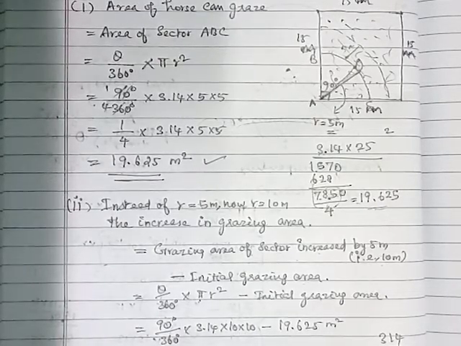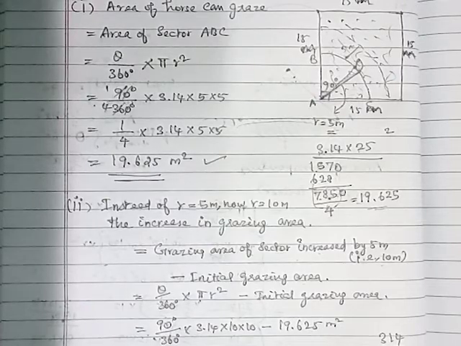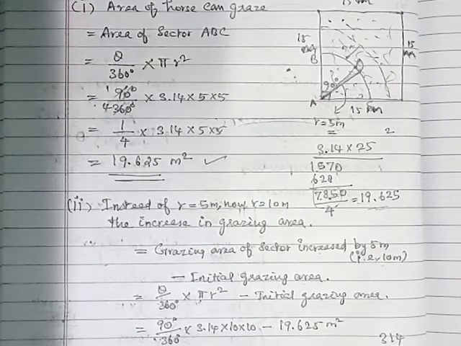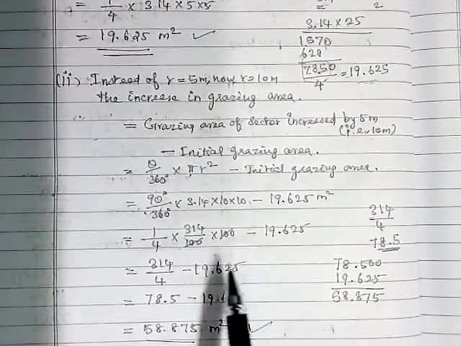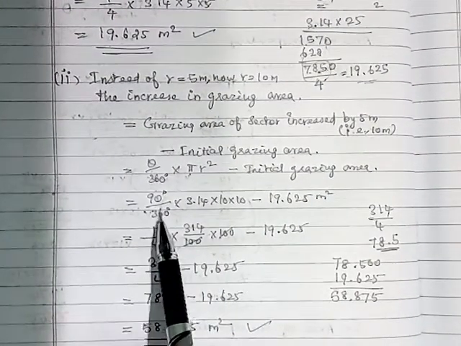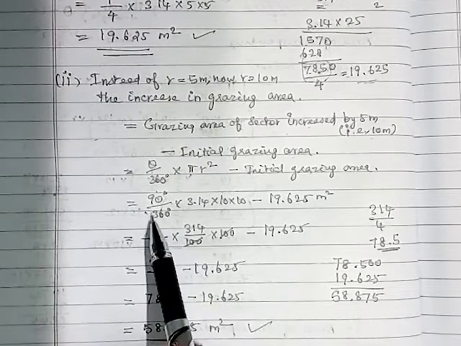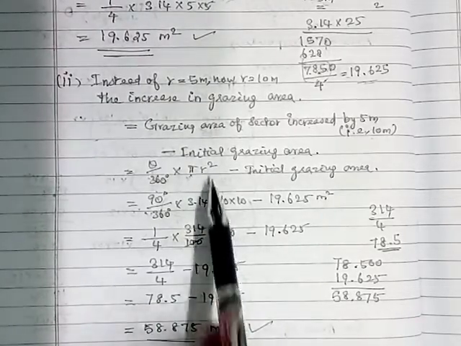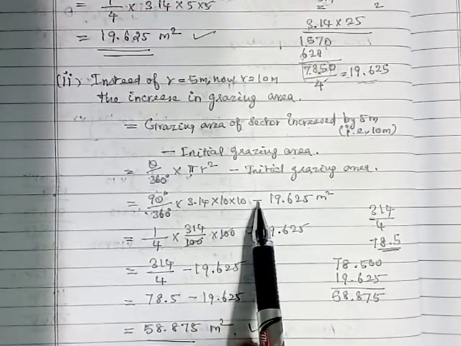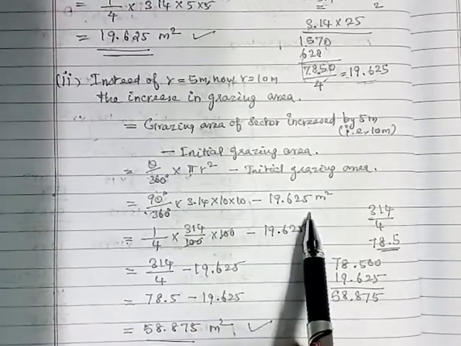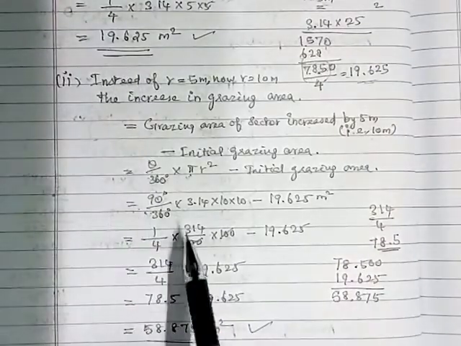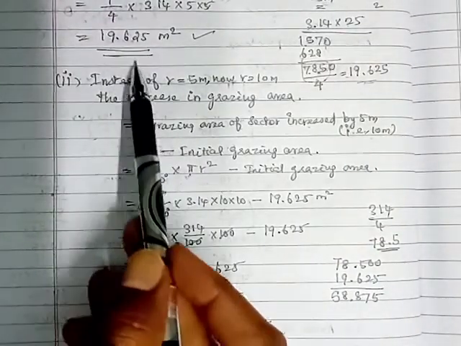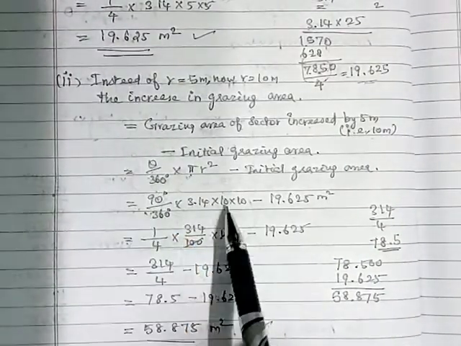Here 10 into 10 is 100, you can cut down 100 and 100. This minus 19.625. See, in this formula we are just substituting 90 by 360 into pi value is 3.14, radius is 10 now, okay. So 10 into 10 minus initial grazing area is 19.625, already we got it, with 5 meter radius, that is the initial grazing area, right?